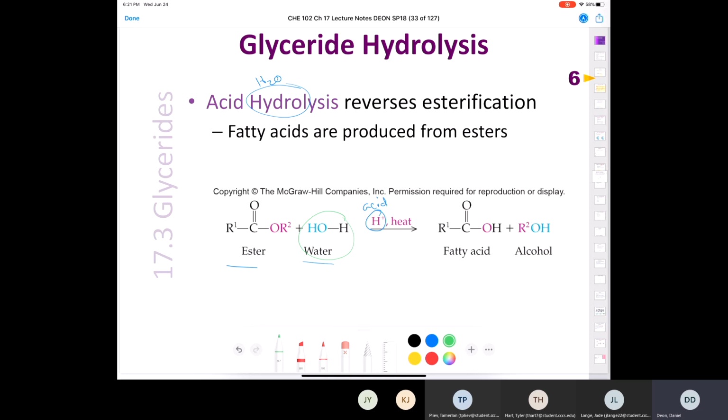The opposite, if you want to take a fatty acid, combine it with an alcohol, and do an esterification reaction, again, the key component is water. So what you have to do to get that reaction to work is heat it up quite a bit hotter, and you can actually remove water from the reaction mixture. And if you're wondering how you do that, it's actually not that sophisticated, but it's kind of hard to explain.